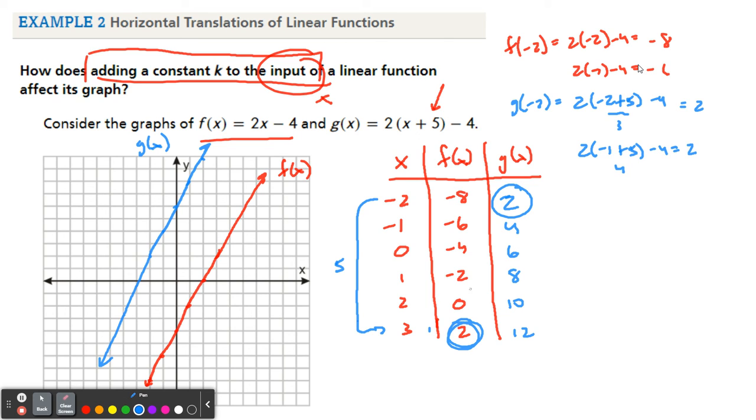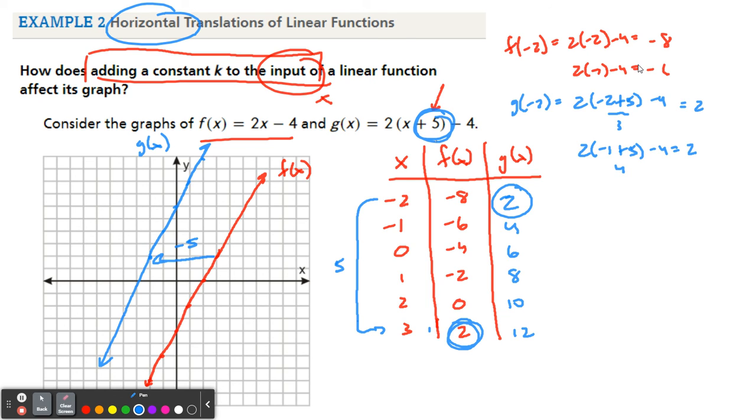So now the question is, what happened? How did this 5 affect g of x? If you look, it's horizontally, which means left to right. Look at the point where x is -2. How does it compare to the point over there? The g of x slid to the left, 1, 2, 3, 4, 5. It went left 5. That is what this plus 5 does. It takes the graph and slides it 5 to the left, opposite of what it looks like.